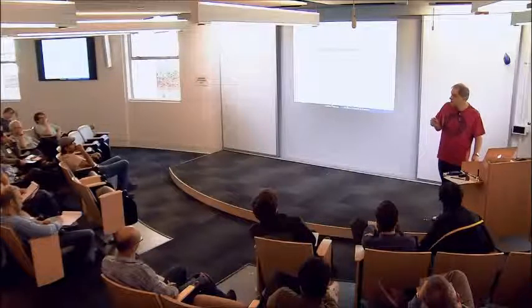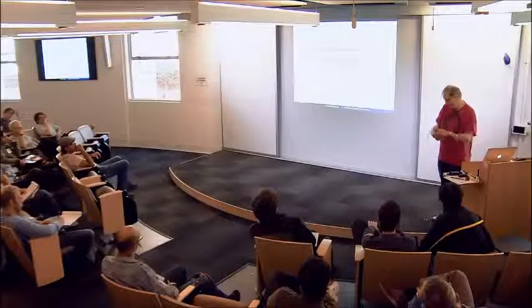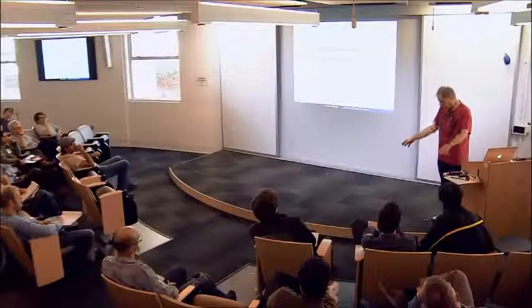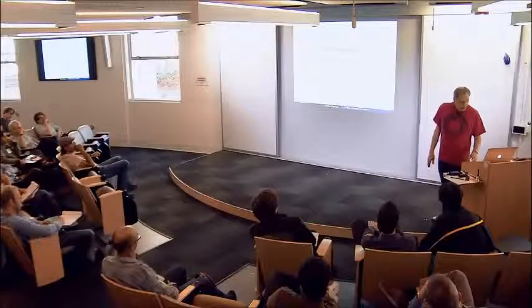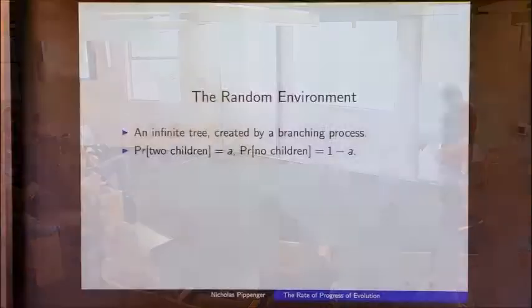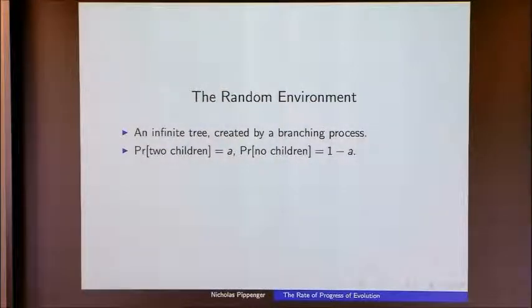If that's strictly greater than 1, then with positive probability, the population will expand exponentially. If it's strictly less than 1, then with probability 1, everything dies out. And if it's exactly equal to 1, if a is a half, then that's the critical case. And the probability of dying out is again 1, but now it happens linearly rather than exponentially fast.